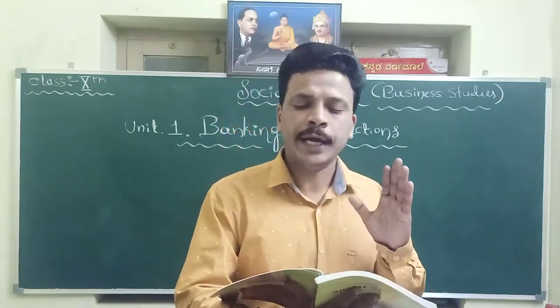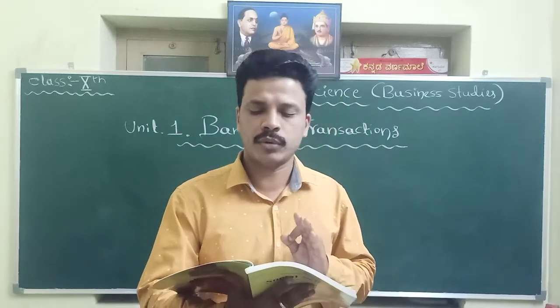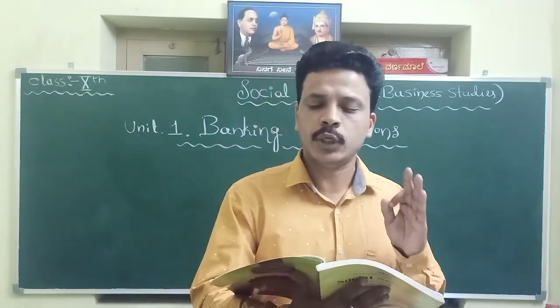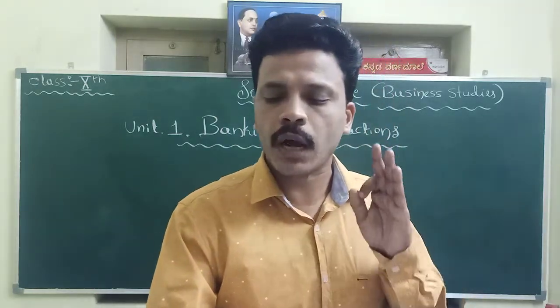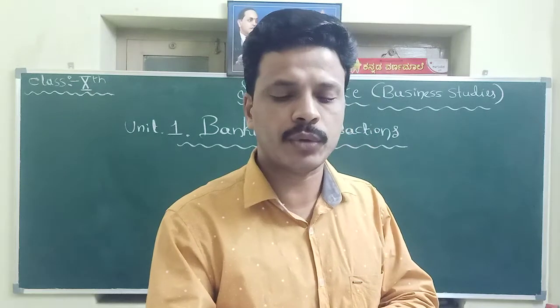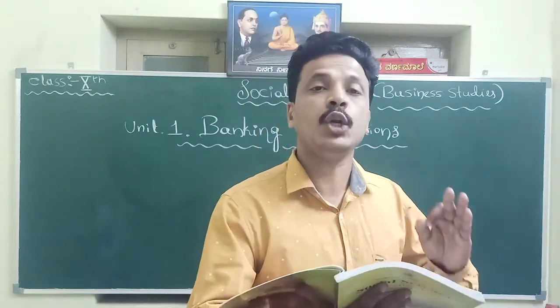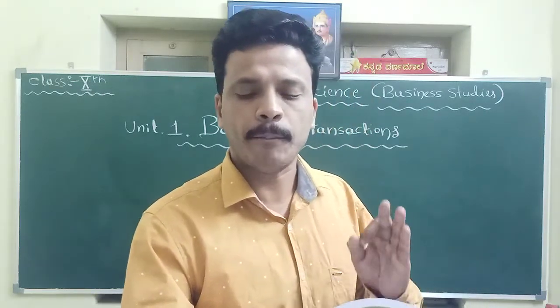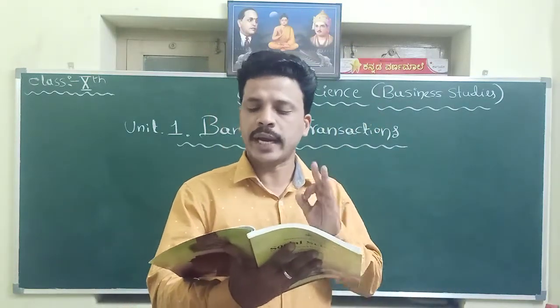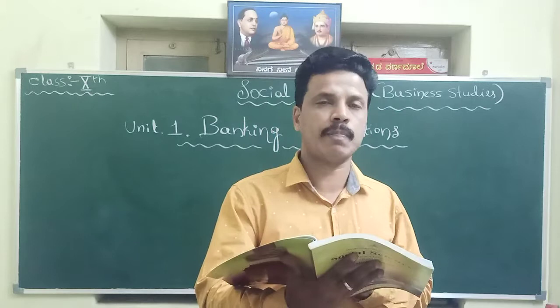Next, characteristics of banks. First one, dealing with money. Second one, individual, firm, company. Third one, acceptance of deposits. Fourth one, lending loans. Fifth one, payment and withdrawal. Sixth, agency and utility services.